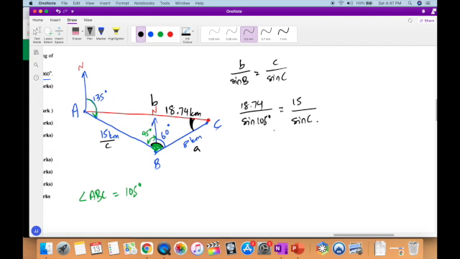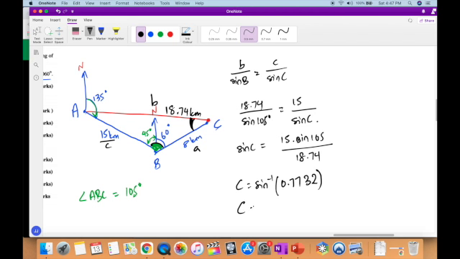Cross multiplying, the sine of C is equal to 15 times the sine of 105, all divided by 18.74, which equals 0.7732. So C is equal to the sine inverse of 0.7732, which is around 51 degrees. 50.6 degrees is what they have here. So C ends up being 50.6 degrees.